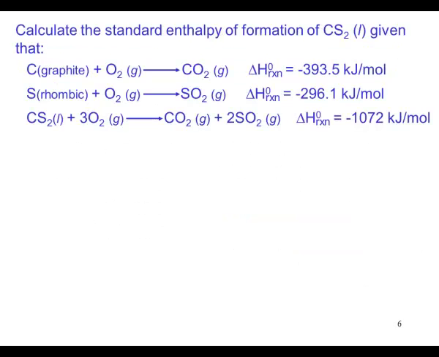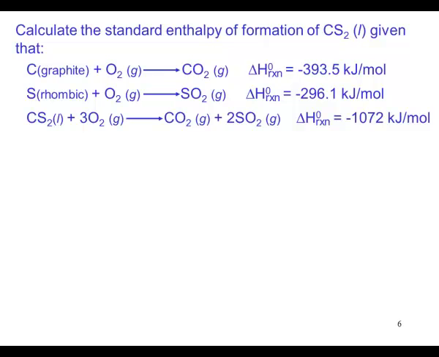Here's a Hess's law problem. We can calculate the standard enthalpy of formation of carbon disulfide, CS2, given these 3 reactions. Carbon graphite plus oxygen yields CO2. Sulfur plus oxygen yields sulfur dioxide, and carbon disulfide plus oxygen yields carbon dioxide and sulfur dioxide.